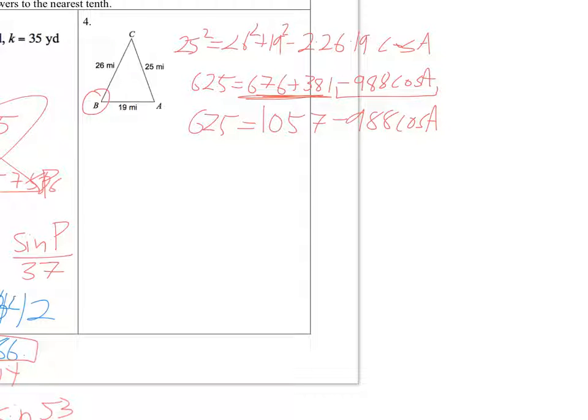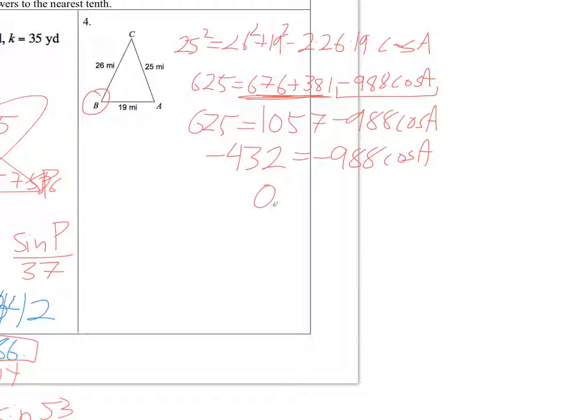I'm going to minus 1057 to both sides, so 625 minus 1057. We get negative 432 is equal to negative 988 cosine of A. Divide by negative 988, so negative 432 divide by negative 988.